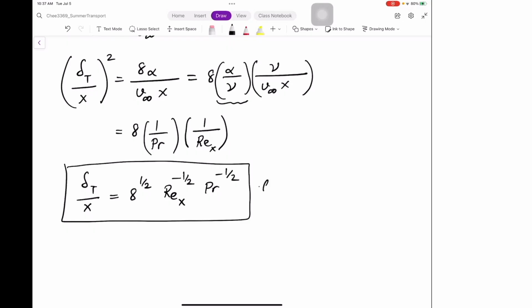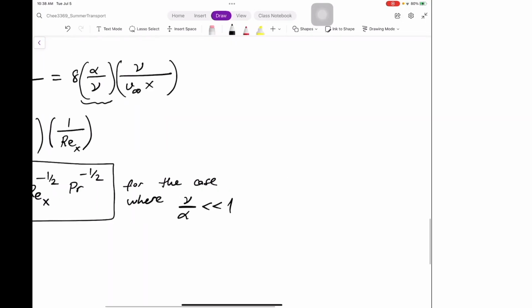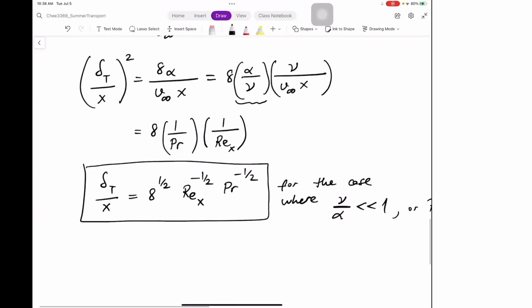So this is valid for the case where nu over alpha is much less than 1, or Prandtl number much less than 1.